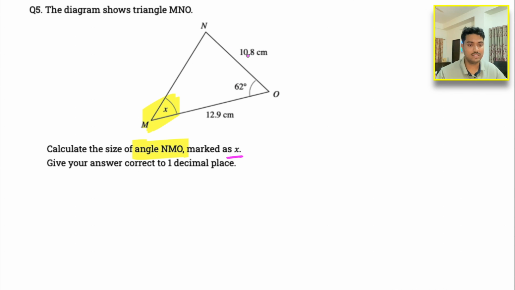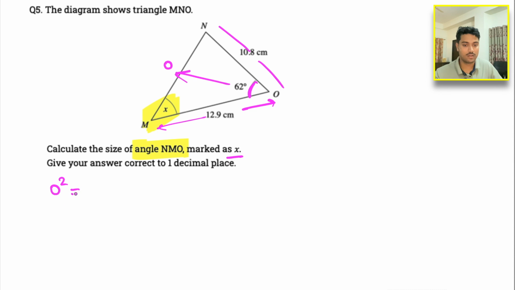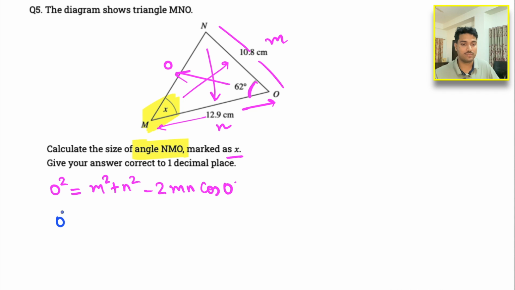Okay, but we have these three values given: this side, this angle, and this side. So we can find the opposite side, which is MN, first. Let's mark MN as small o. So we can write o square is equal to m square plus n square minus 2 times m into n cos angle O, where m is opposite of angle M and n is opposite of angle N. If we do this, we'll get the value of MN first.